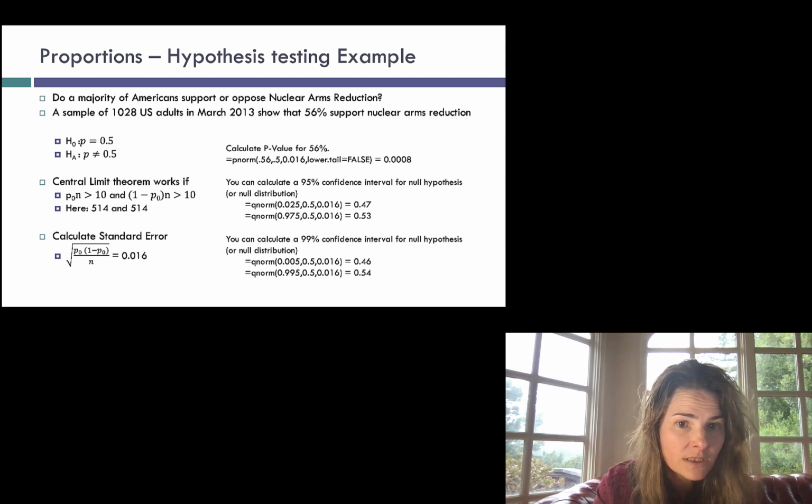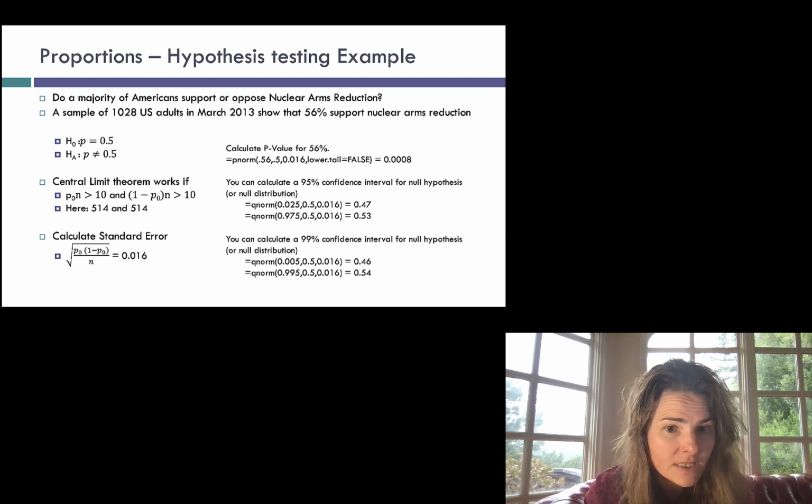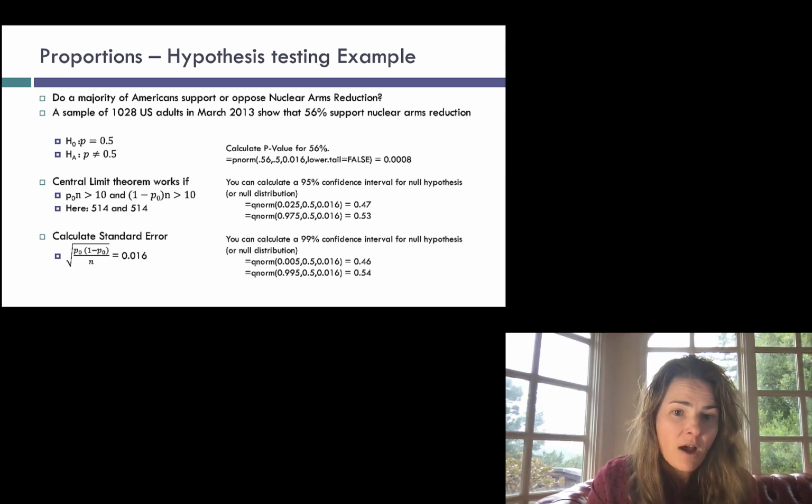So building these different confidence intervals, a 95% confidence interval, we can set a null hypothesis for something like that the proportion is roughly 50%, and an alternative hypothesis that it's not 50%.